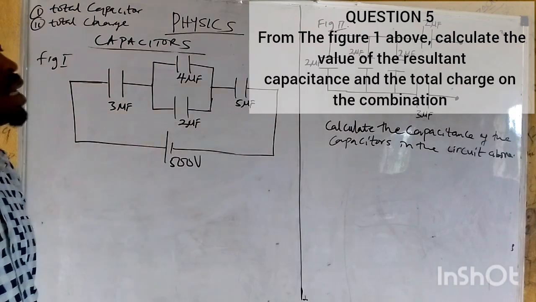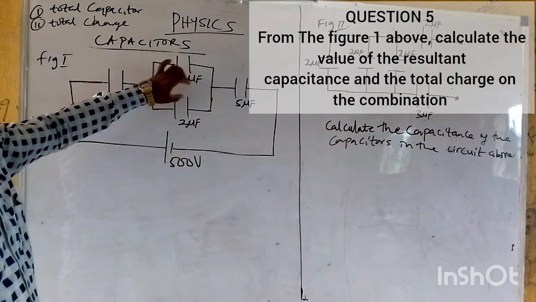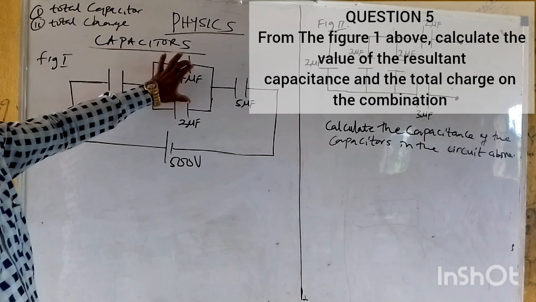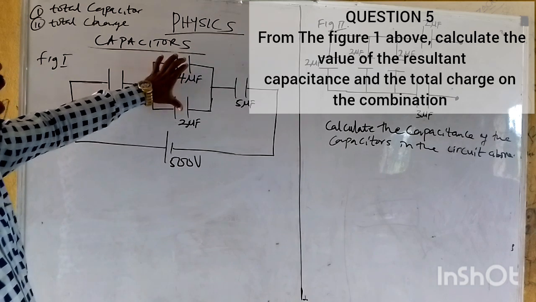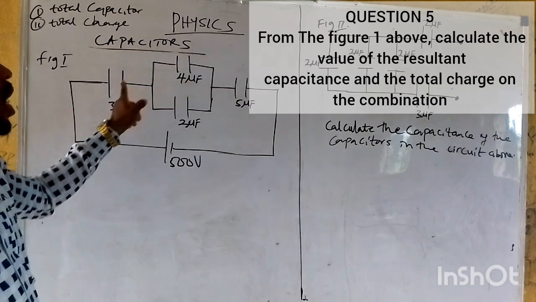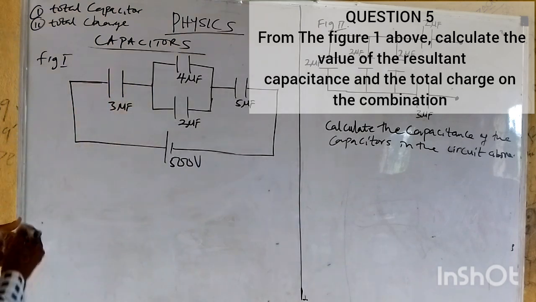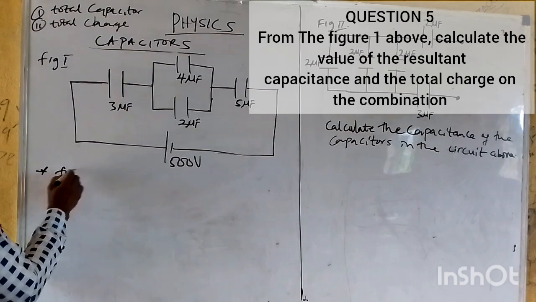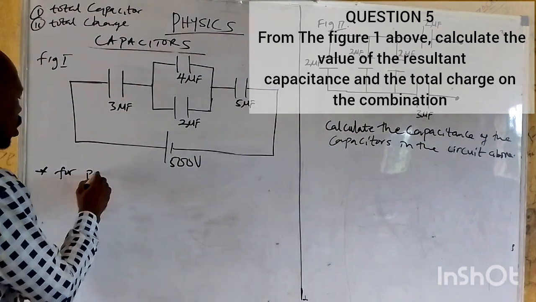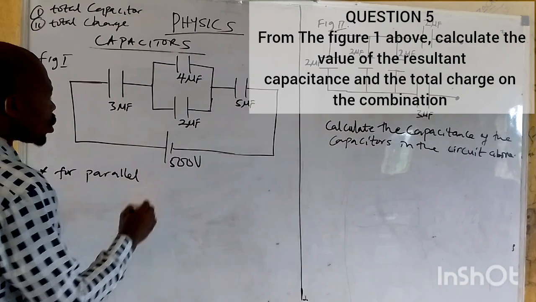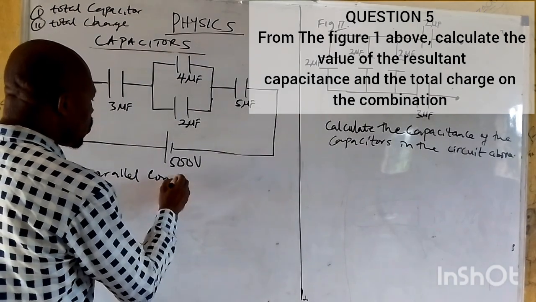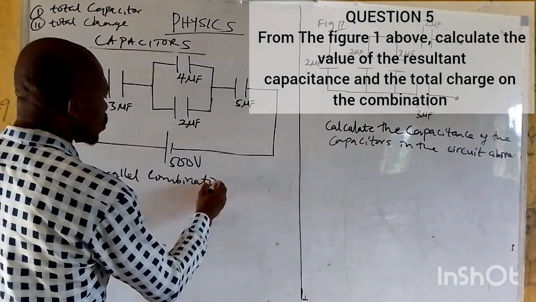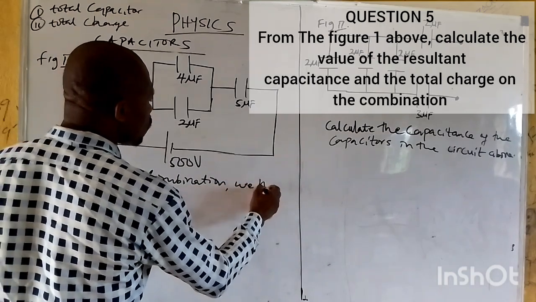All you need to do is first resolve the one in parallel, and the answer you get will now be in series with this. So let's go. The first thing we do is the parallel combination.